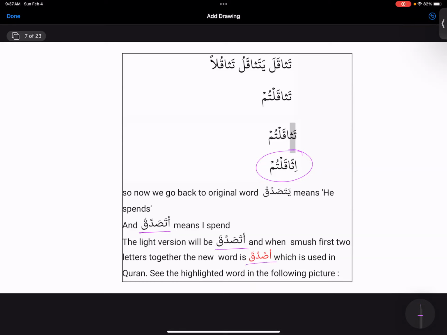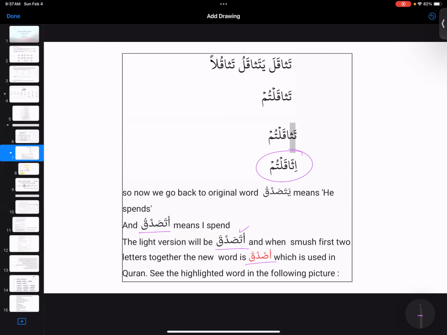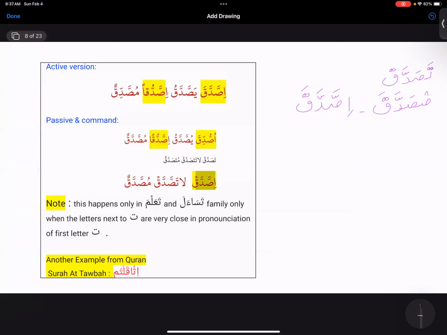Right? So this ta has changed into sawt, another sawt. Yes, Surat Munafiqun, we see that. So we will see some examples in the Quran: iswaddaqa, yaswaddaqu, iswadduqan, and then musaddiqun.